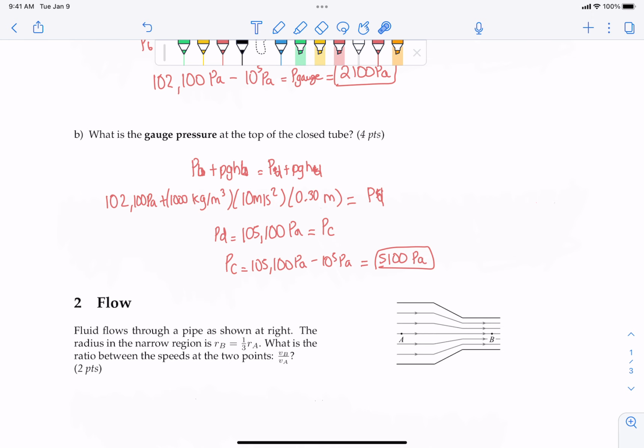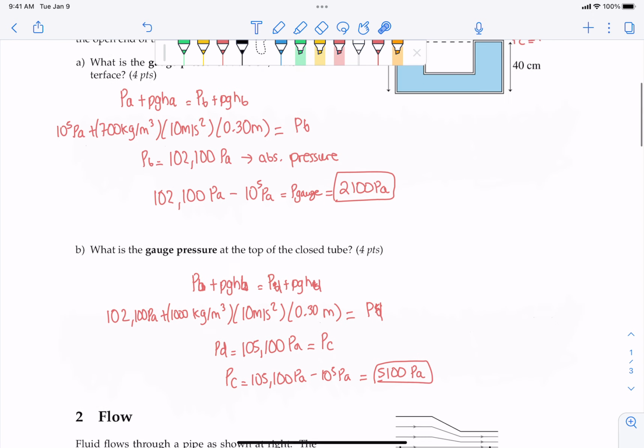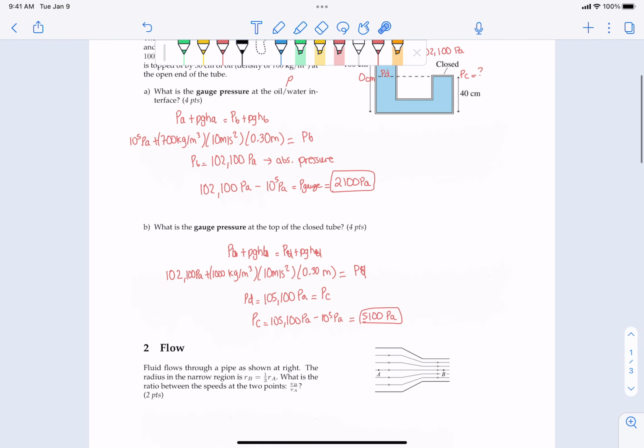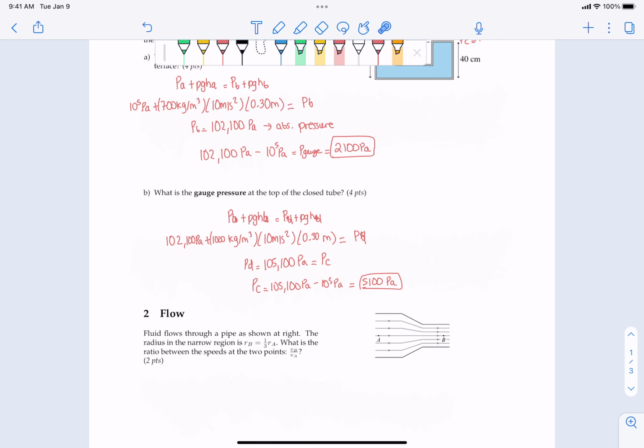Yep, no problem. Hopefully that made sense and it was a good wrap up for anyone who had missed anything before as well. Any other questions about problem 1?